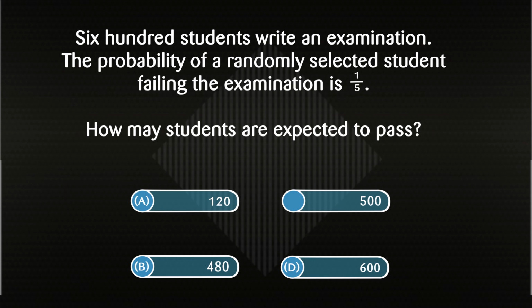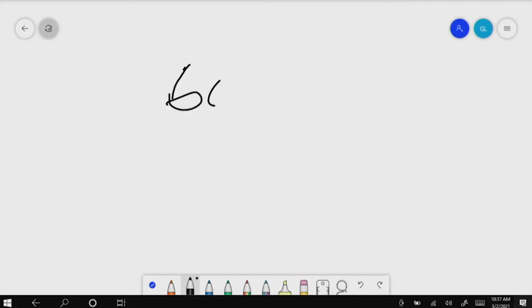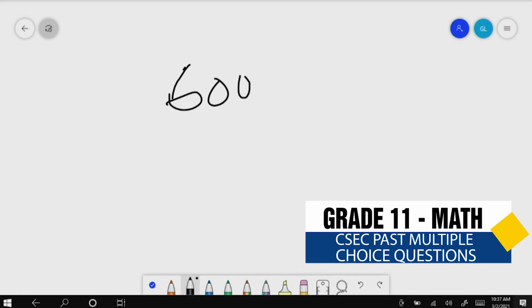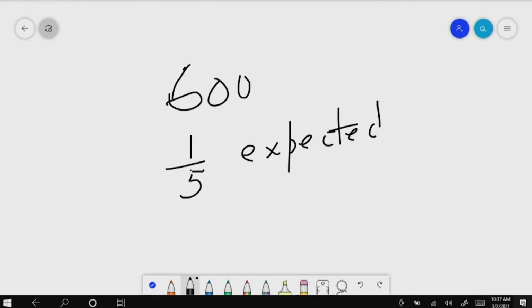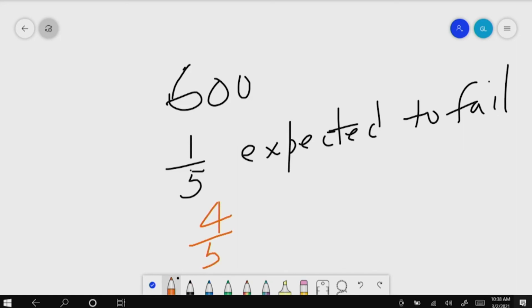Now, we have a question that tells us here that 600 students wrote an exam, and out of this 600 students, 1/5 is expected to fail. Now, if 1/5 is expected to fail, therefore 4/5 is expected to pass.